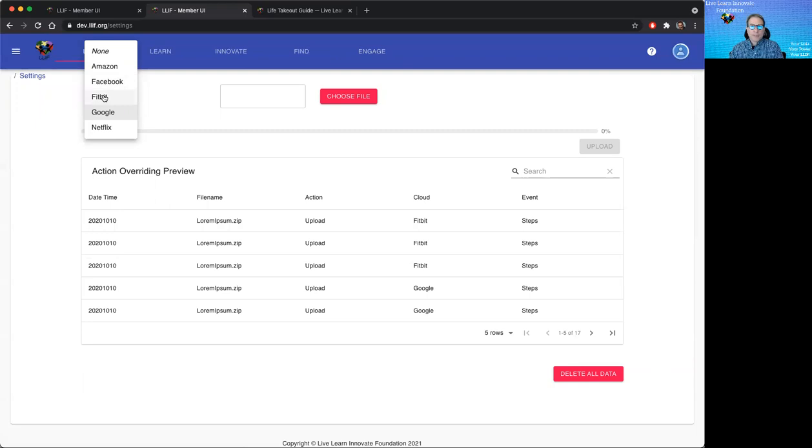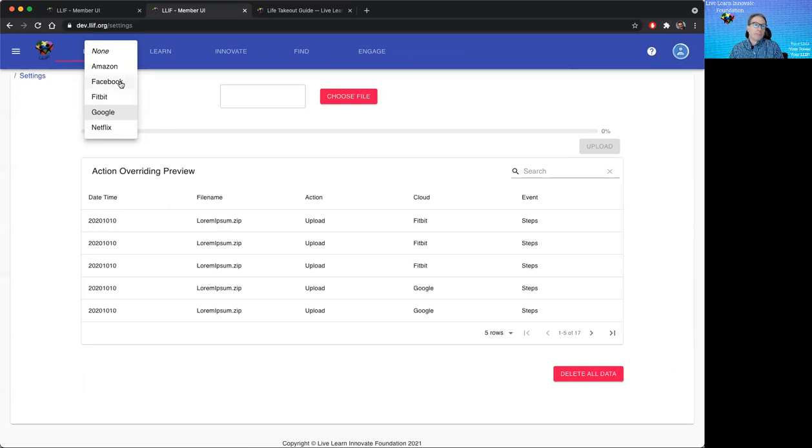Fitbit, of course, is health, activity, sleep, heart rate, and some other variables around heart. Google is lots of things. It's multiple clouds. In some clouds, it's YouTube, it's search, it's news, discovery. There's many services within Google. We're probably ingesting about a half a dozen of them. And of course, Netflix is a single, video viewing cloud.